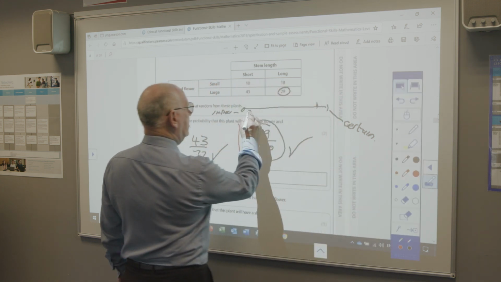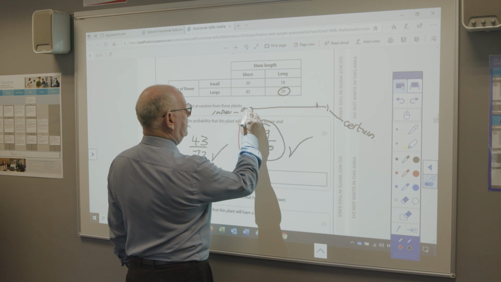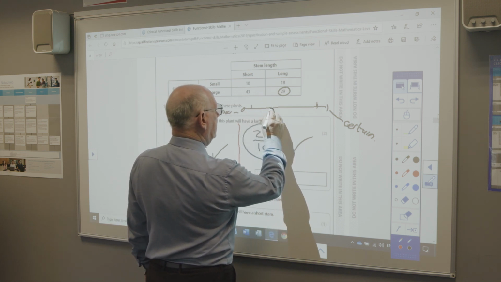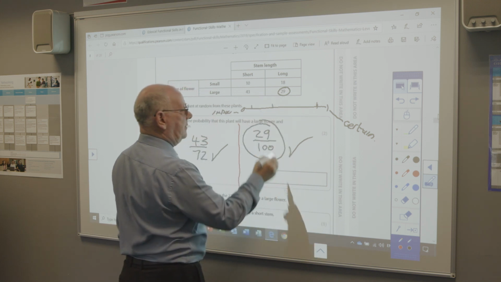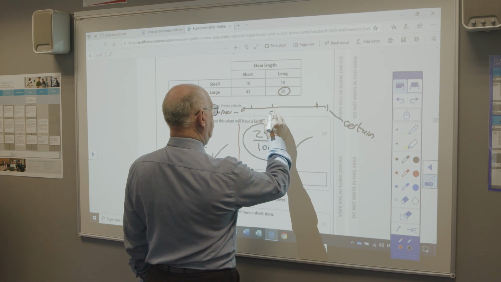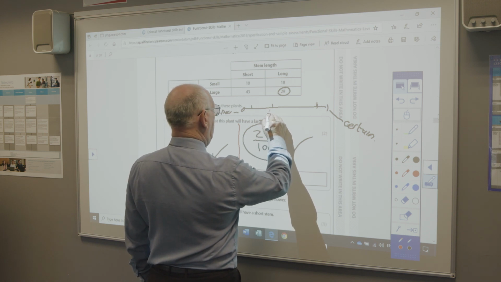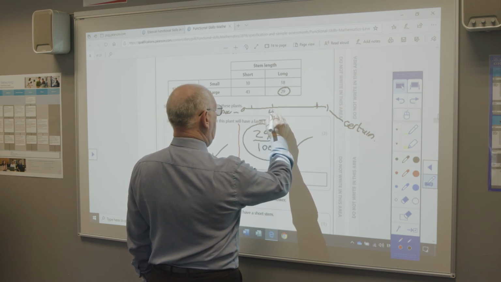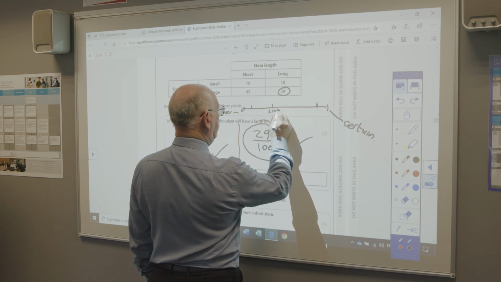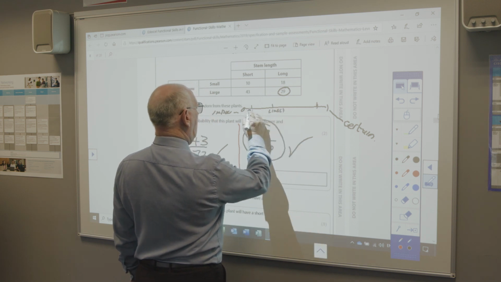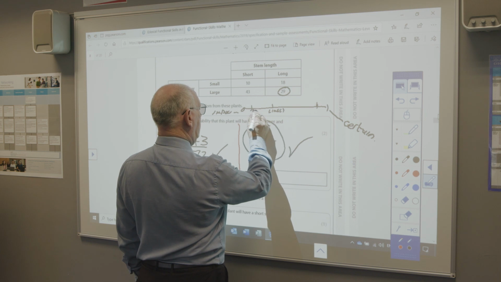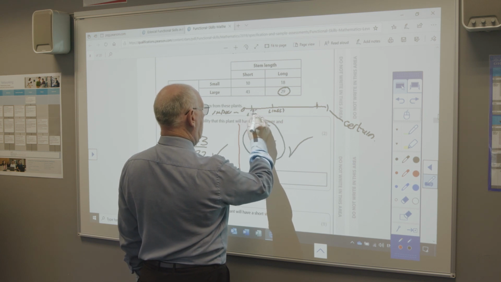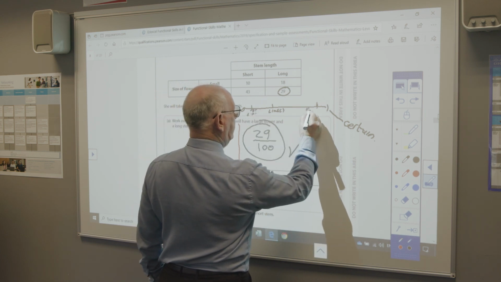So you could put different markings on there. Likely, not likely, very likely.